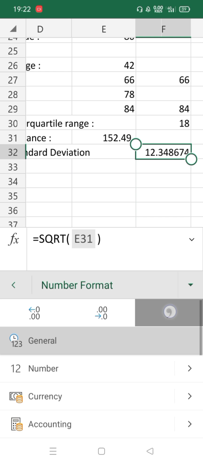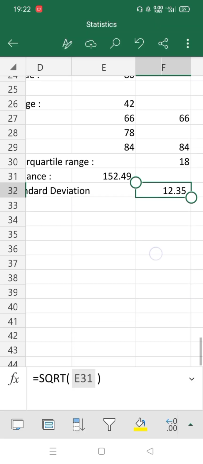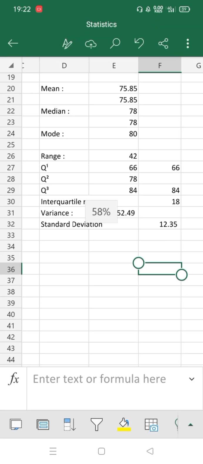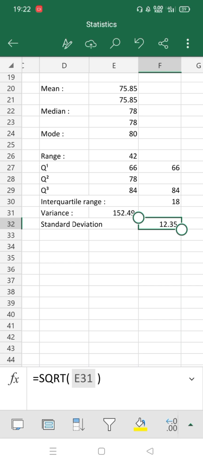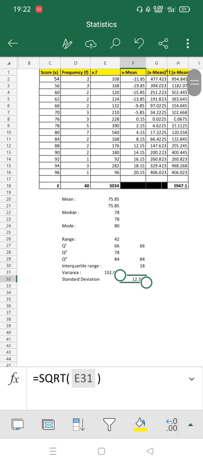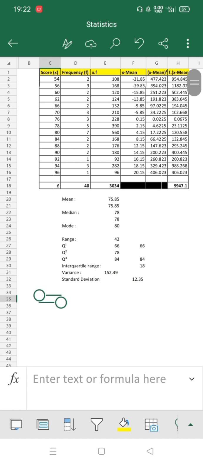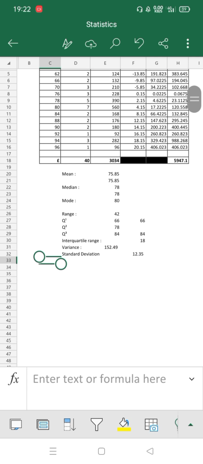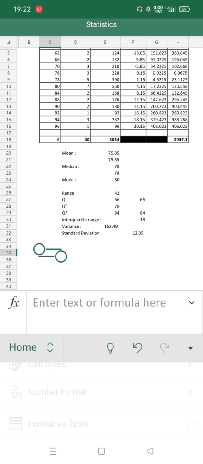And just like usual, use number format with two numbers behind the comma, and we got 12.35 for the standard deviation. After all of this, the last thing we have to do is draw the polygon.